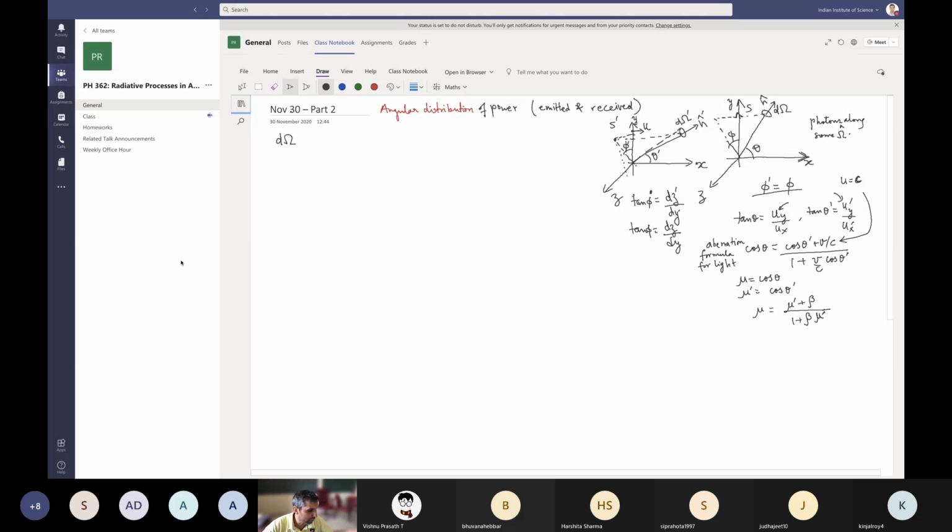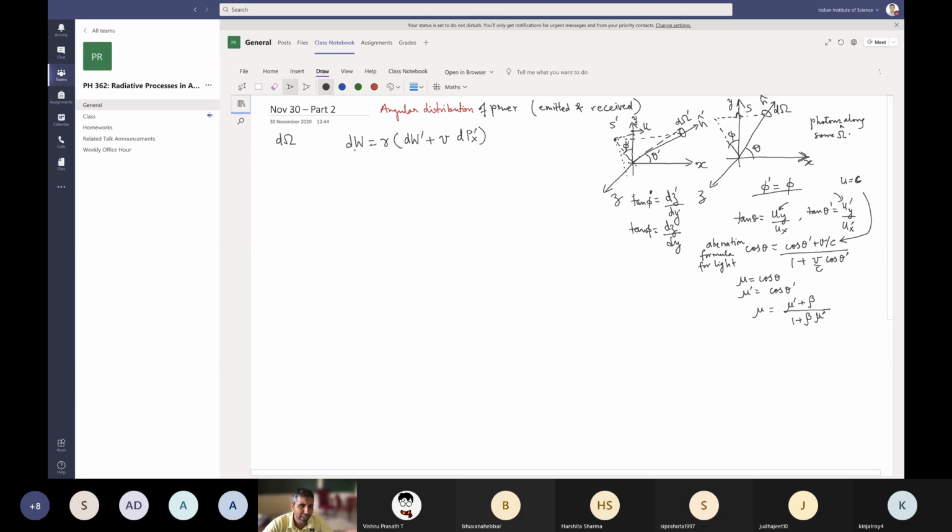So there is also another way of looking at it. We can look at it from this: dW, or the energy change, is equal to gamma dW prime plus V dPx prime. Right.